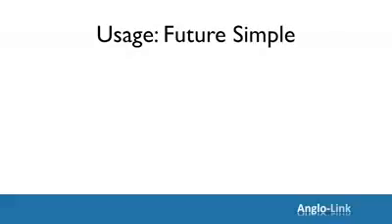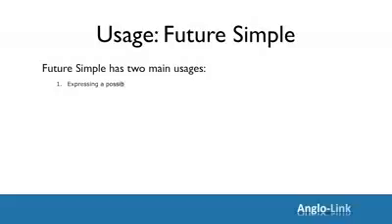Let's move on to usage now. Future simple. Future simple has 2 main usages. The first one is to express a possibility in the future. And in this case, we usually put in an expression of possibility in our sentence.